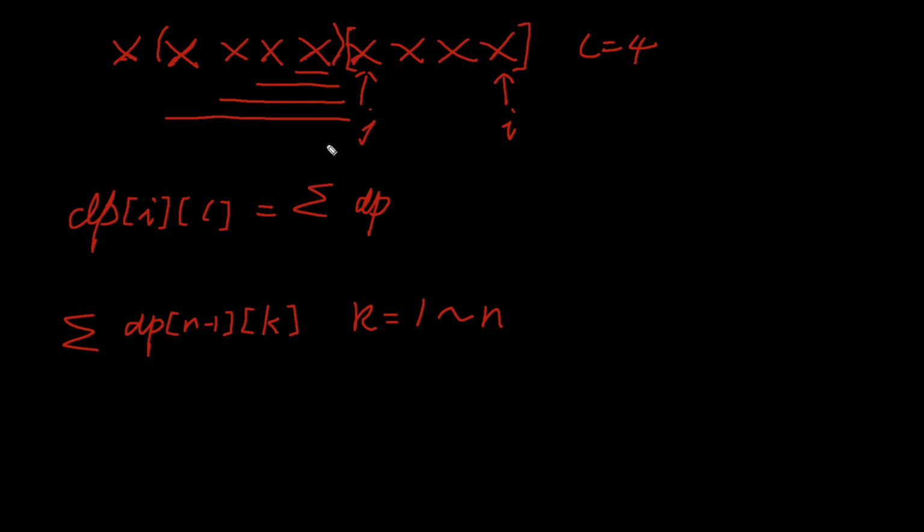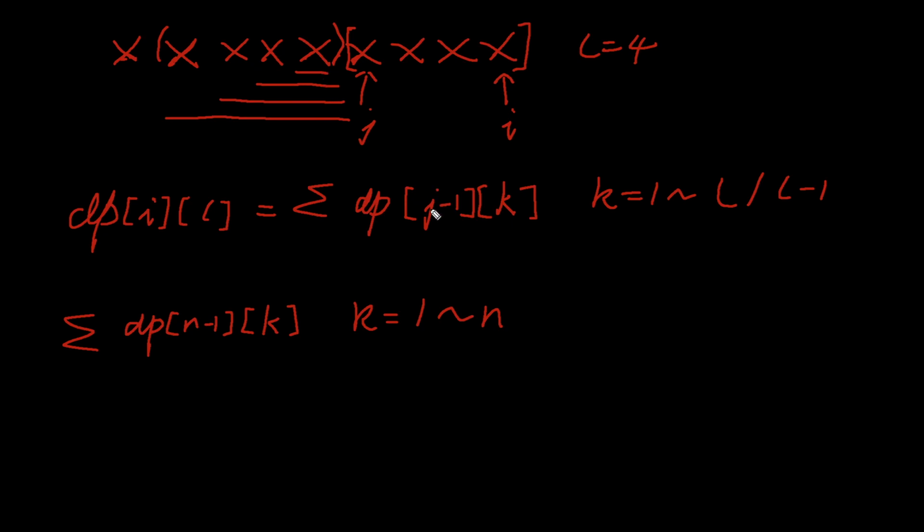So it's going to be dp[j-1][k], where k goes from 1 to L, or L minus 1. So that's the state transition function.